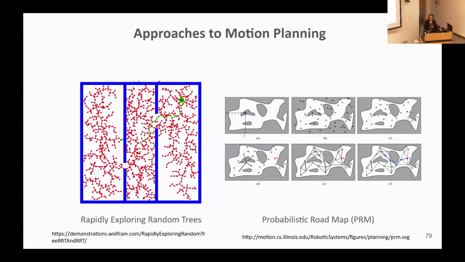So there are various approaches to motion planning, not something that we can cover effectively in the time that we have. I'll just mention that there are optimization-based approaches to motion planning that capture the space and try to optimize the movement within the space.